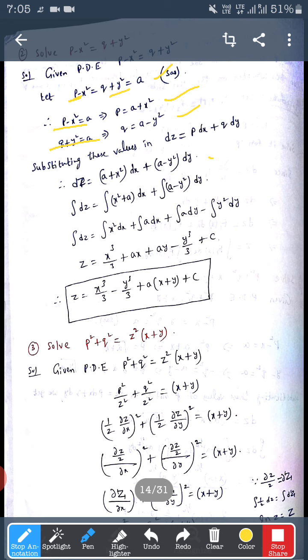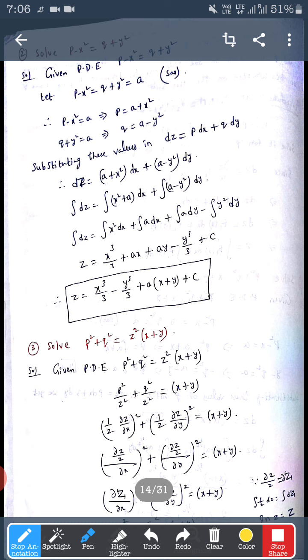Substituting these values in dz, that means dz is equal to square root of a plus x dx plus square root of a minus y dy. If you integrate this, here also variables are separated, with x on one side and y on the other. Therefore, it is easy to integrate. Integral dz is equal to integral of x square plus a dx and a minus y square dy.